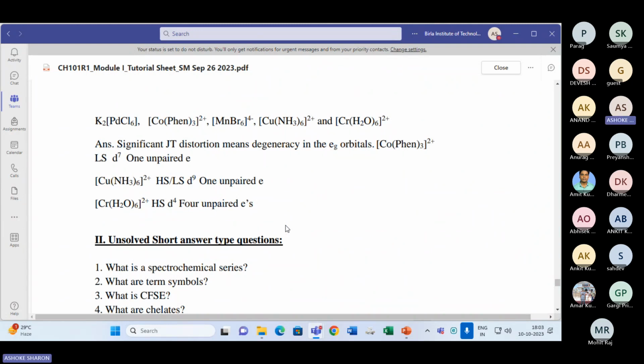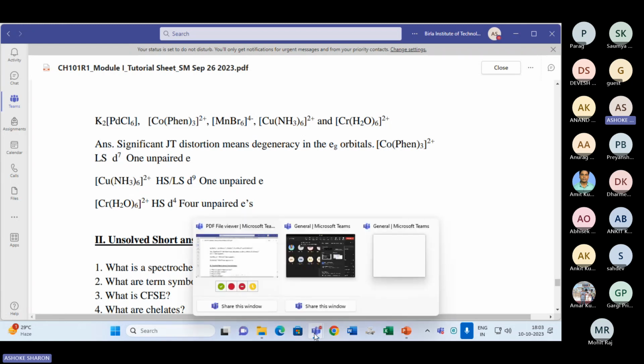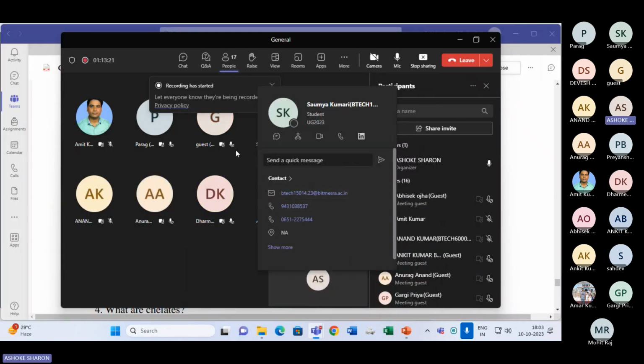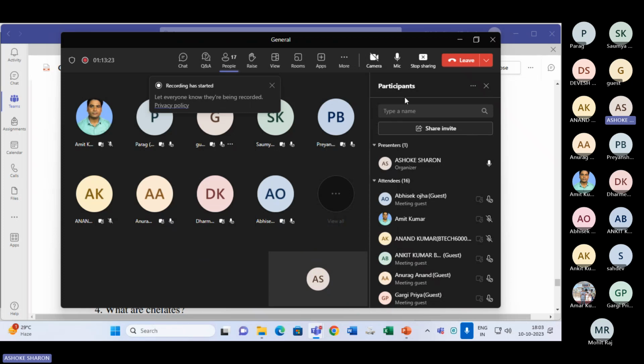So I think we have completed this part of module 1 with a brief discussion of all the materials and all the subtopics of module 1.